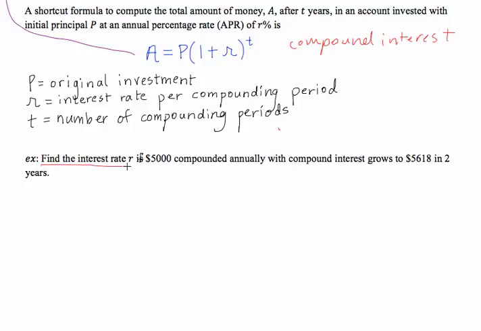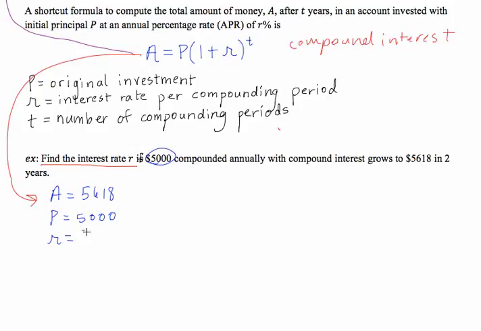In this one, we're going to use this formula still, but the goal is to find R, not to find the amount that we'll have in the end. We're actually given the amount in the end, which is 5,618. 5,000 is the initial principal, that's P. R is our interest rate per compounding period, compounding annually.